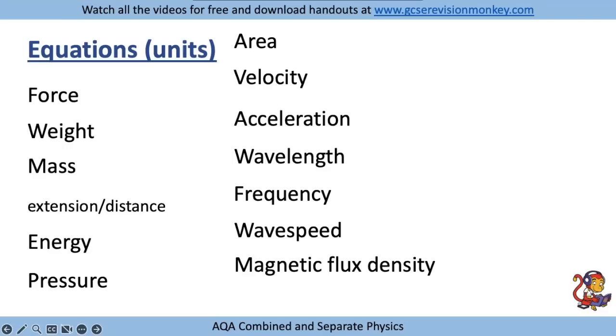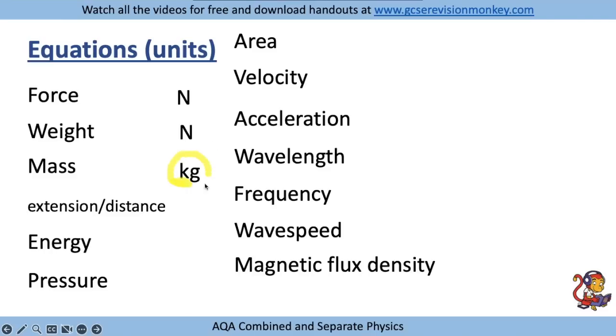So the units that you need to be aware of for Physics Paper 2 are on the screen. You might want to pause the video and think if you can remember all of the units for those quantities. Well done if you remembered that force is newtons, capital N. Weight is also newtons because weight is a force. Mass is kilograms. As a reminder, that's the only time you leave the kilo prefix there.